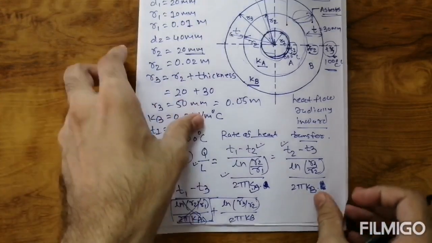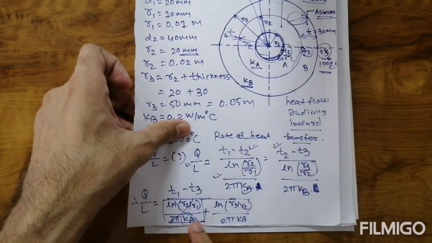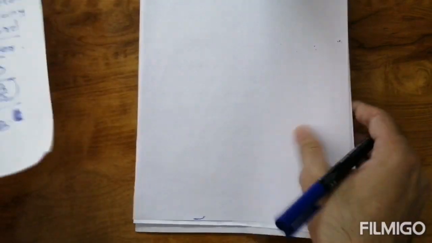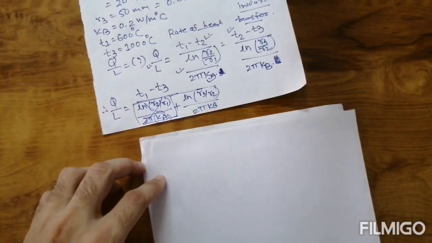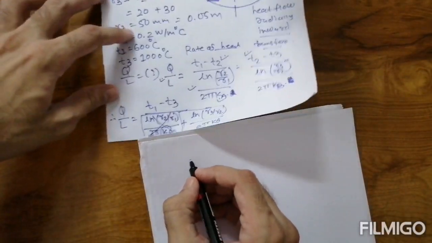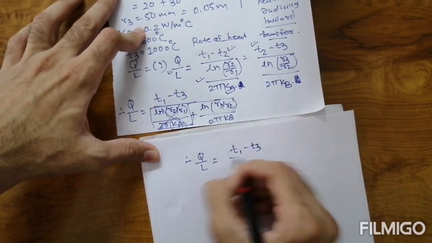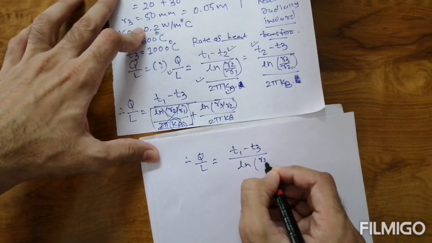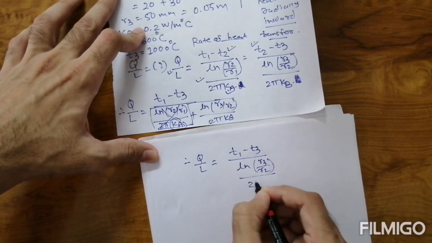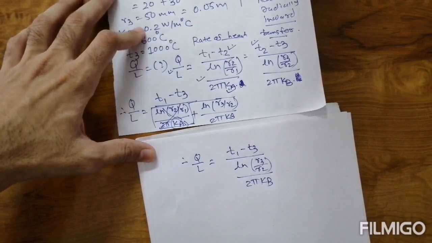Now the equation is reduced. Our equation is now Q by L is equal to T1 minus T3 divided by ln R3 by R2 divided by 2 pi Kb.